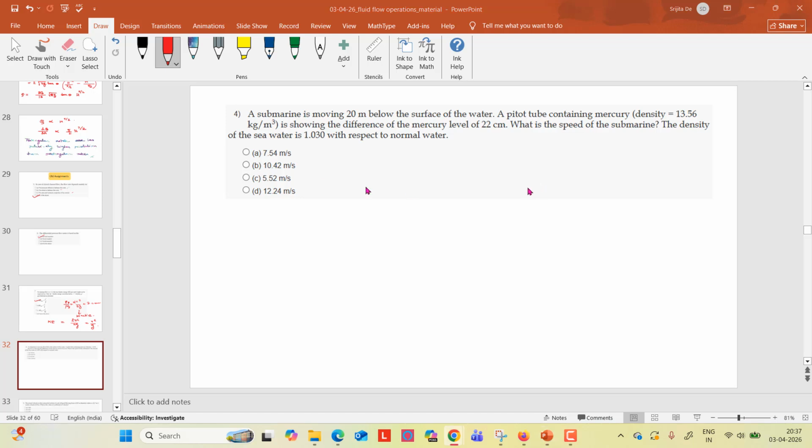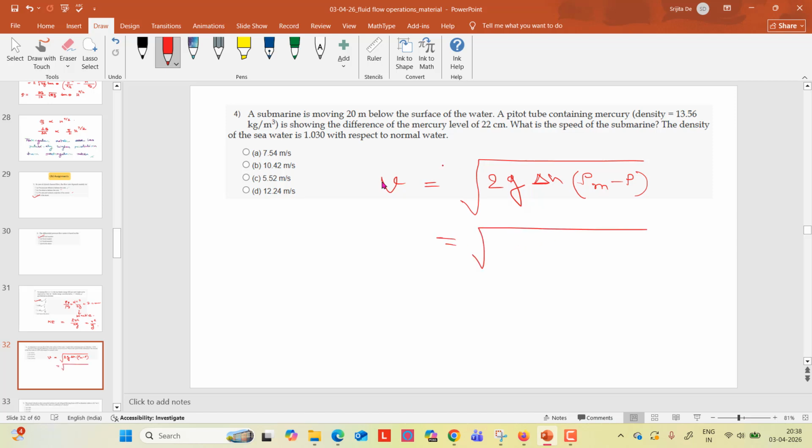So V is root under 2g delta H into rho m minus rho, basically, right? So we can also write it as that, because density ratio is given with respect to water.